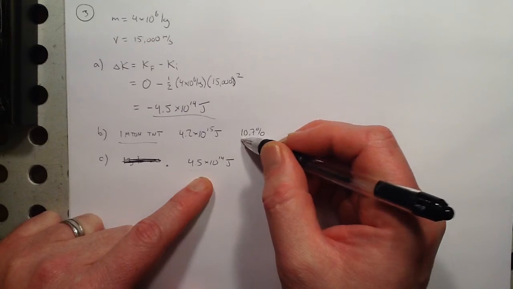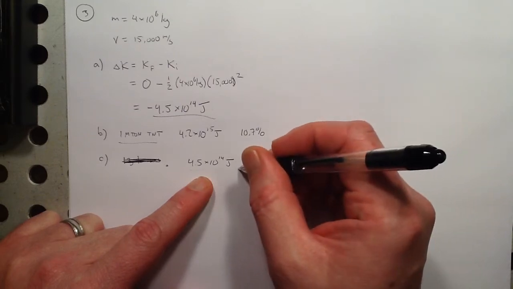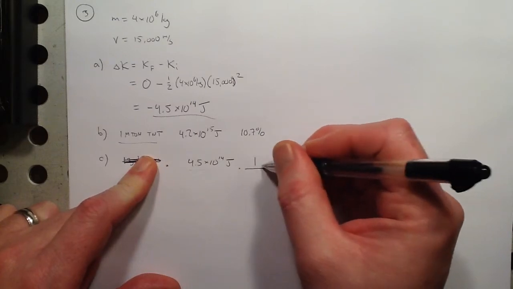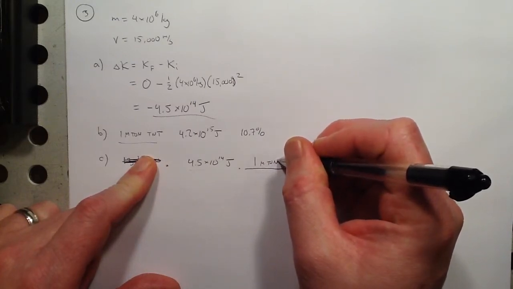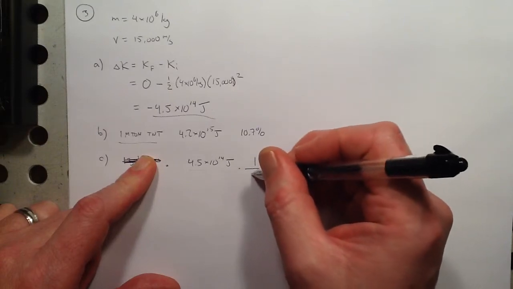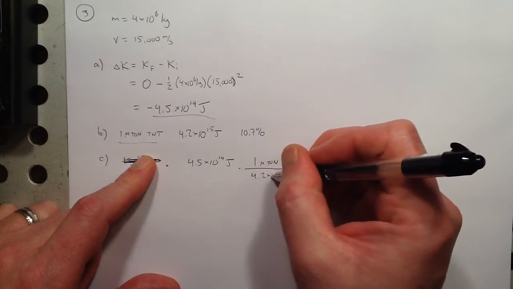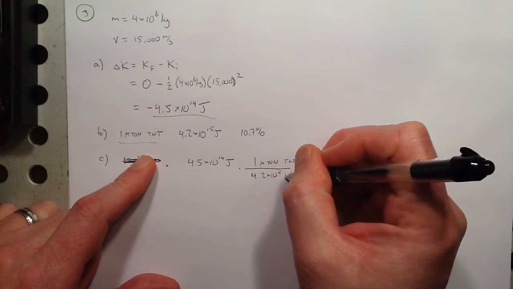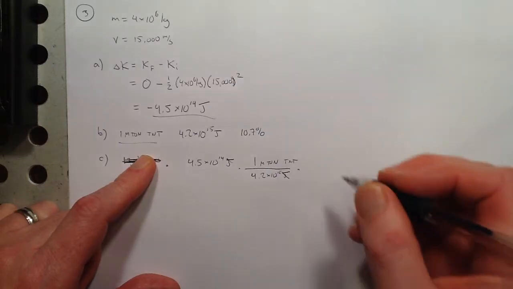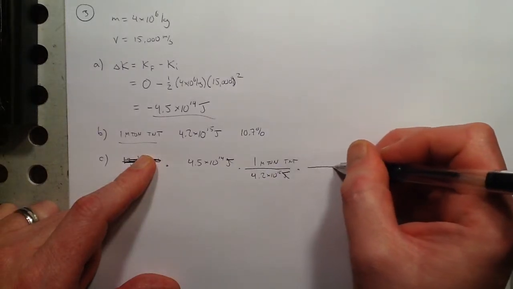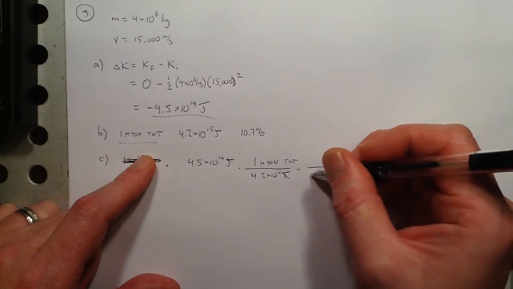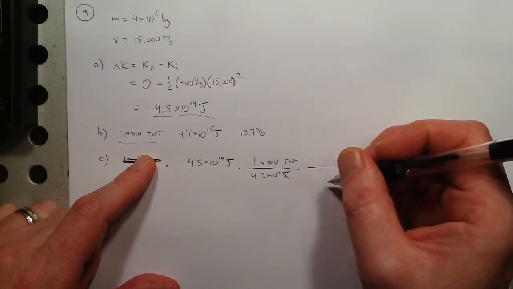And we know that 1 megaton of TNT, there might be an easier way to do this, I don't know, is 4.2 times 10 to the 15th joules, right? So now we've got it in megatons, and I want to convert it to kilotons, right?